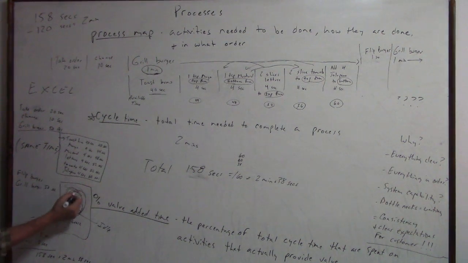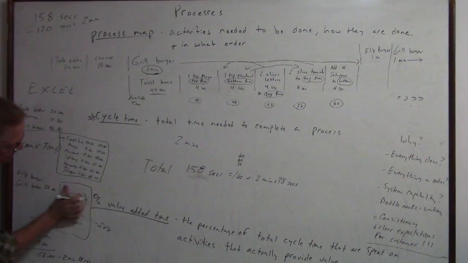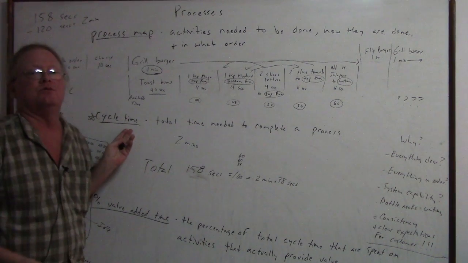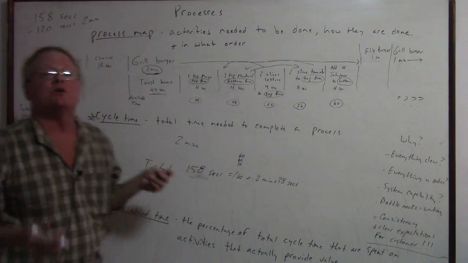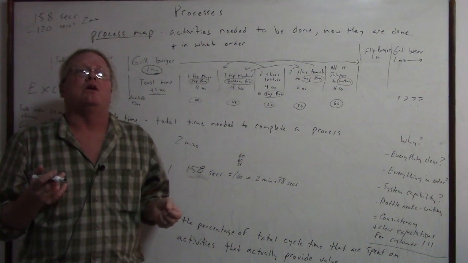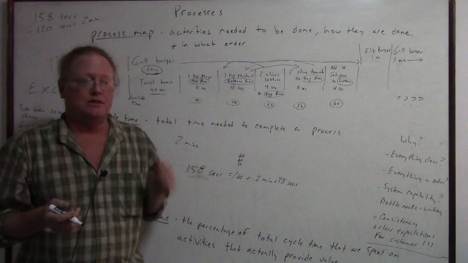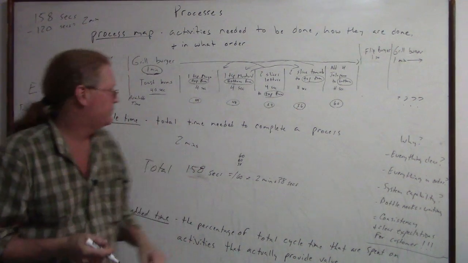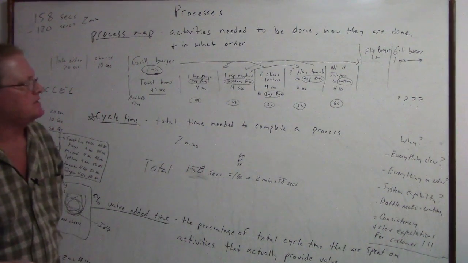Now some of these things will be done right here. I have to move that down here because we're flipping the burger. And now we get a shorter cycle time. Why? Because our competitive priority is fresh, quality, quickly. Right? So I hope all of that makes sense.